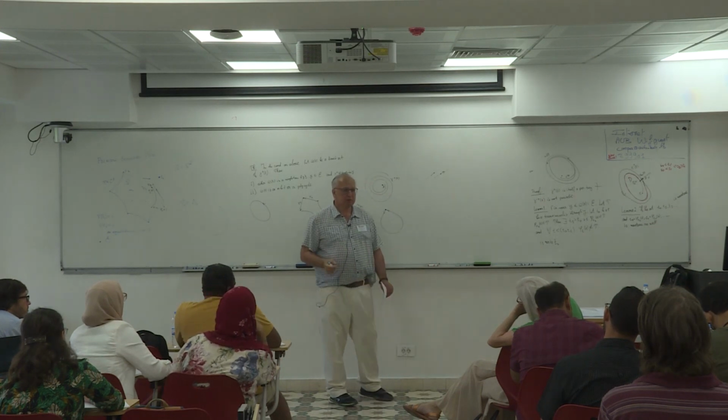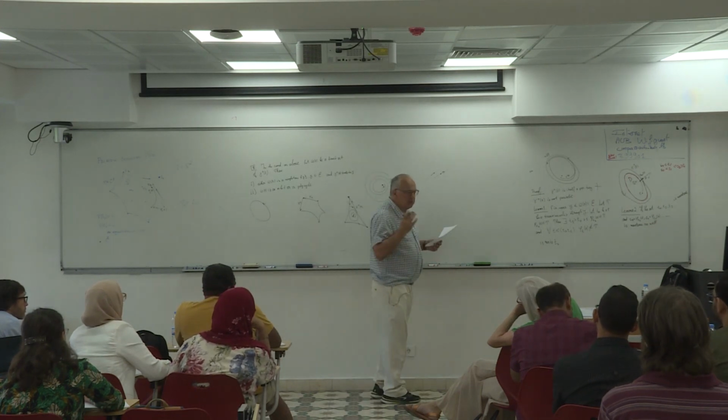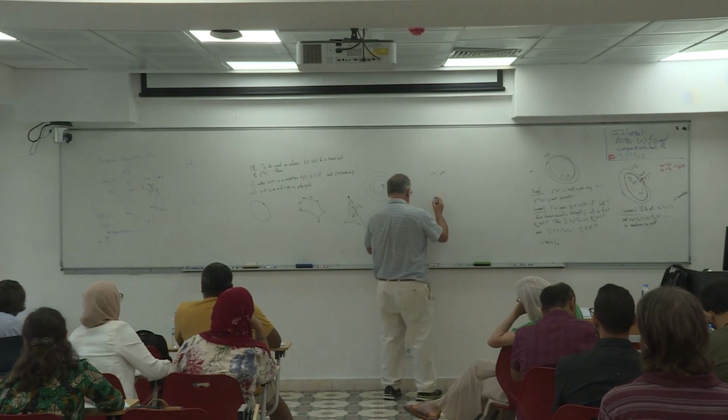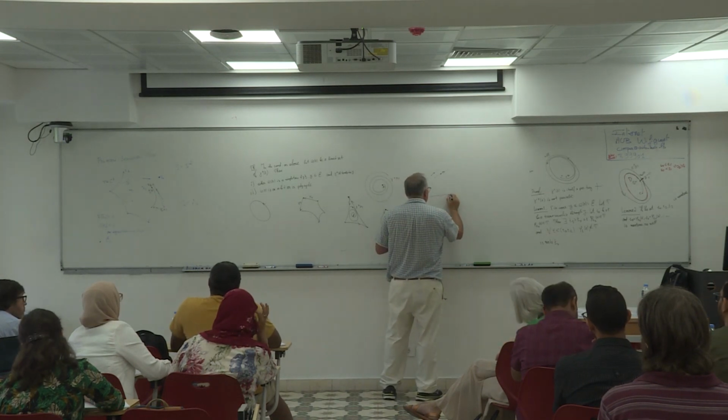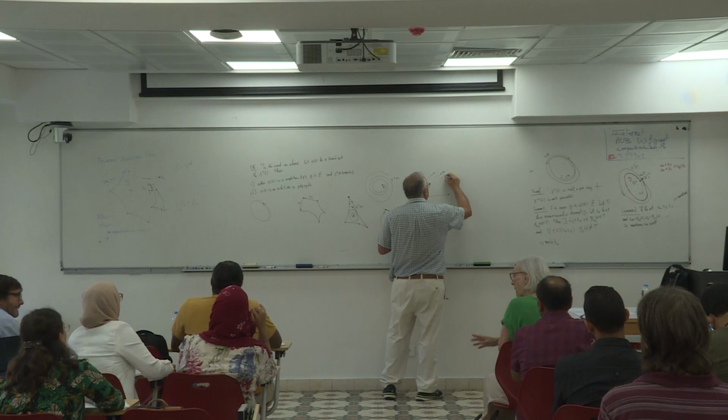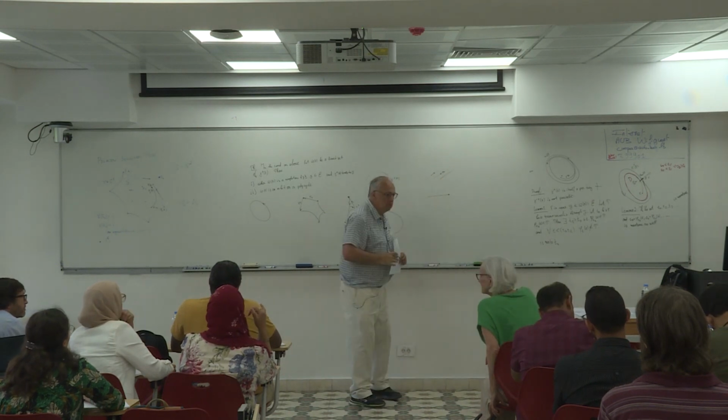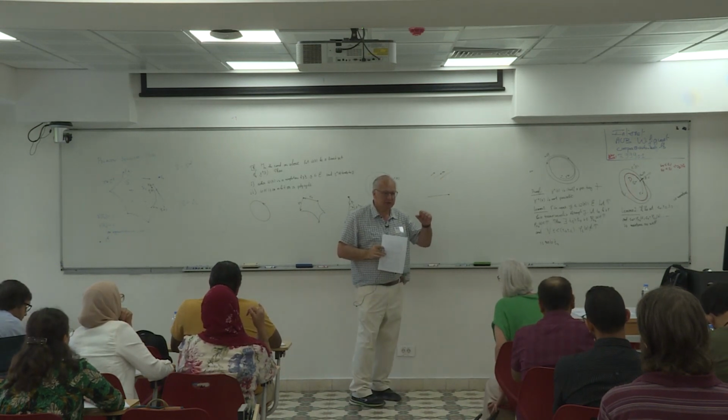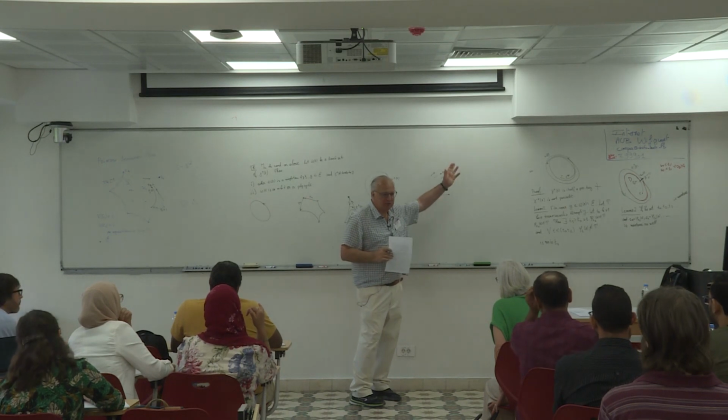No, it's not always possible. This is what I want to say. Yes, of course, if the line field is smooth, never zero, then you can always write a vector field.